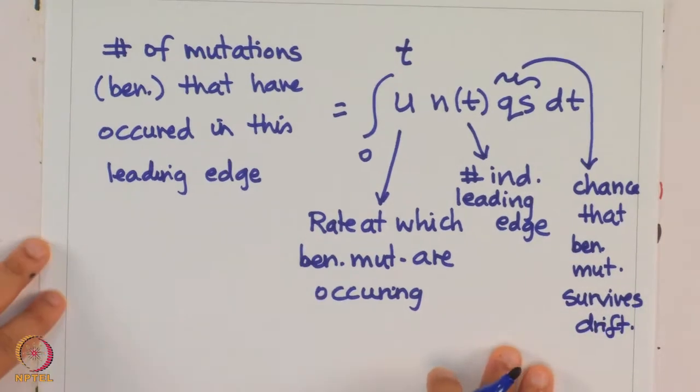Remember, we have previously studied this result that should a beneficial mutation which has a selection coefficient associated with it as S occurs in a medium, the chances that that beneficial mutation survives drift is equal to S. The probability associated with that mutation surviving drift is just equal to S, which is the selection coefficient.